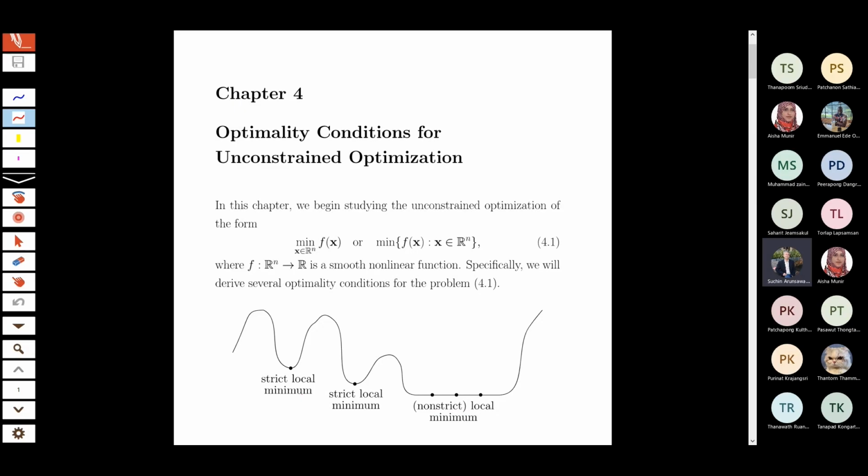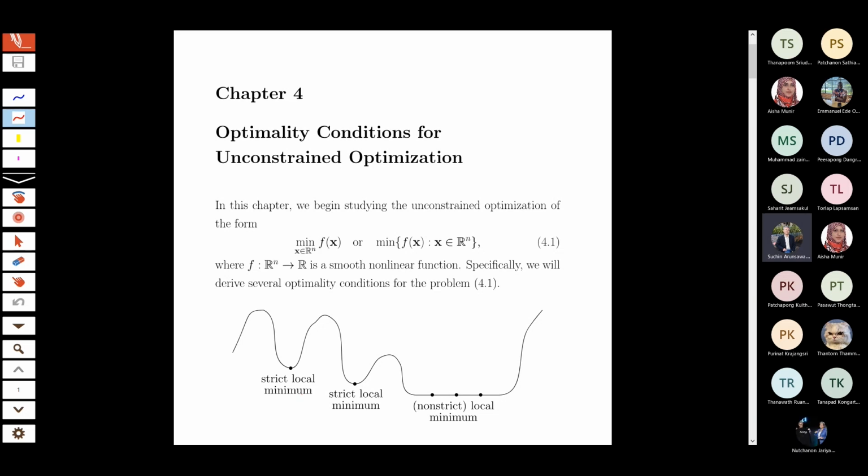In this chapter, we begin our study of unconstrained optimization. The problem is expressed in expression 4.1: we minimize f(x), where x is a vector in R^n.